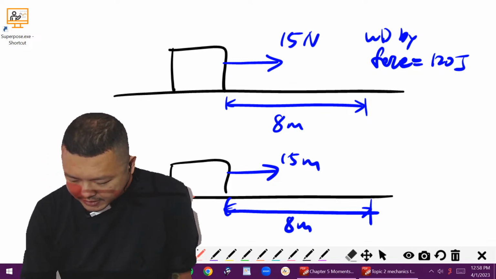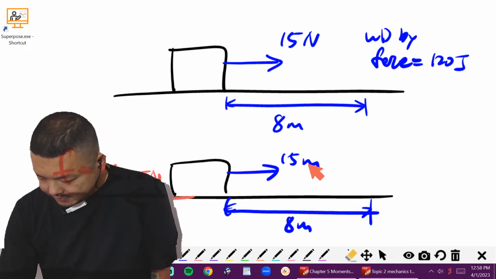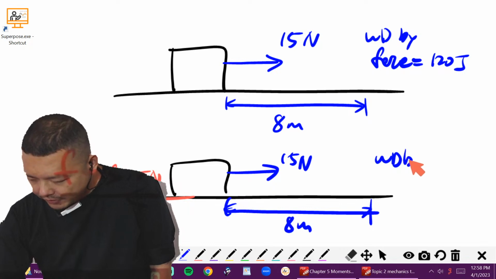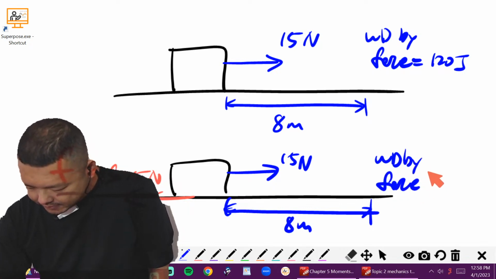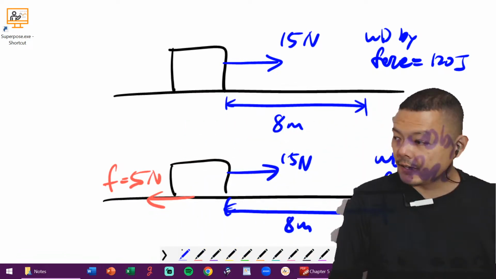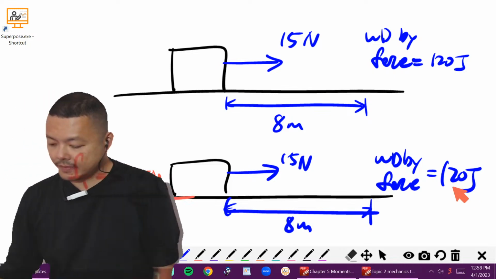This time around, friction is 5 newtons. Friction is 5 newtons. What's the work done by the force? Still 120 joules.